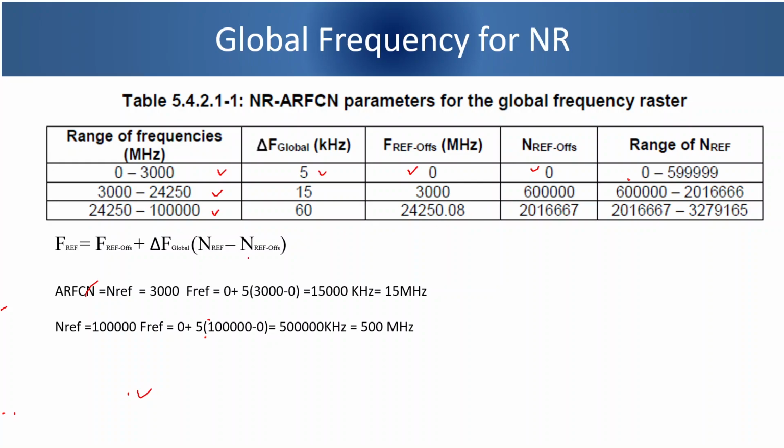So this becomes 0. I would encourage you to try and calculate the absolute frequency for different ARFCN values. Basically, if the ARFCN is told to the UE, the UE calculates the absolute frequency on which it has to tune.